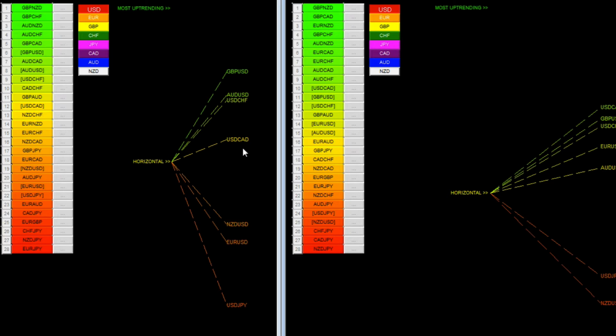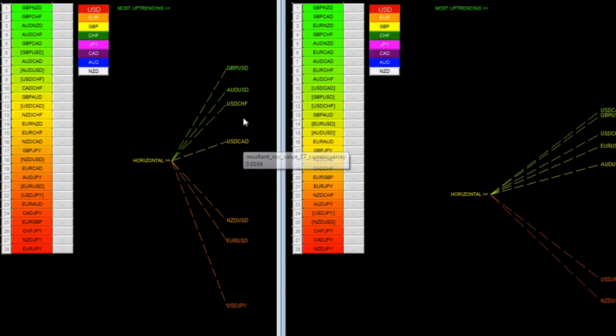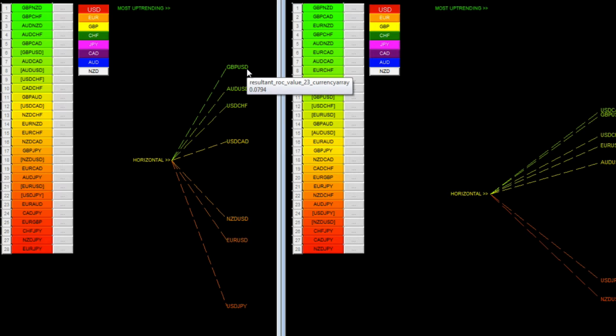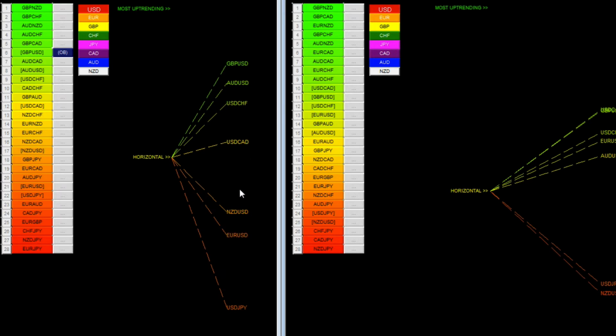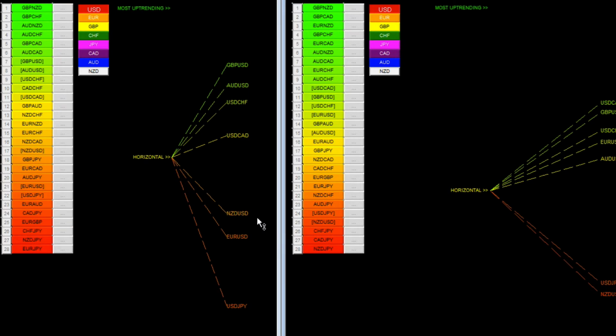And as we can see here, it is a little bit mixed, because you have the dollar CAD, we've got buying here against the Canadian dollar, and yet we've got selling against the pound and against the Aussie. Now, if the dollar CAD ultimately rotates down to the underside and joins in the flow, if you like, of selling, then that's fine. But we've also got divergence here as well.